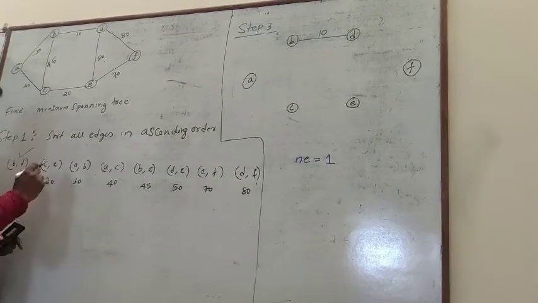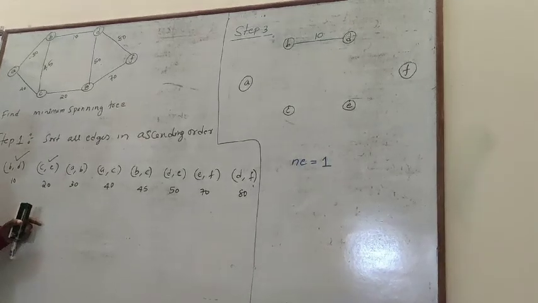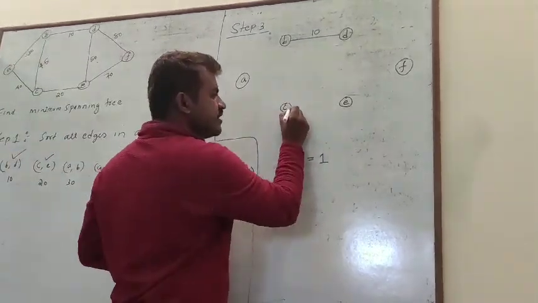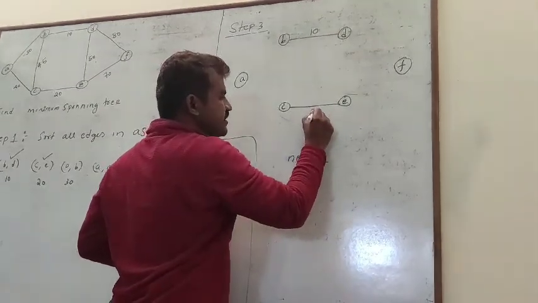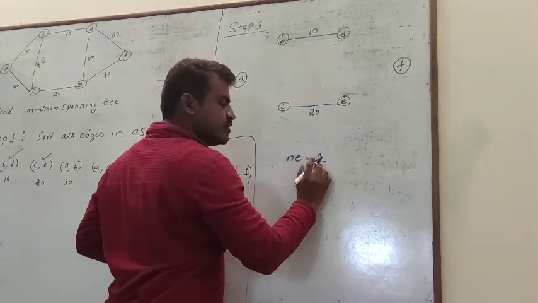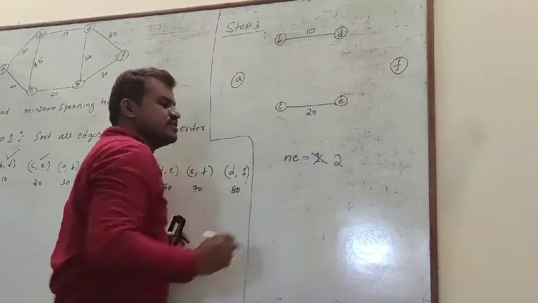Next minimum edge is C to E, that is 20. If you connect C to E and it won't form any cyclic connection, then take this one. Now increment the number of edges from 1 to 2. Now number of edges is 2.